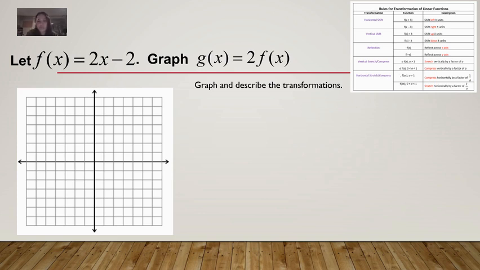So I'm going to go ahead and look at my chart here. In order, I'm going to do 2 times f of x. So that number is greater than 1 and multiplying the whole thing. So this has to be the 1.